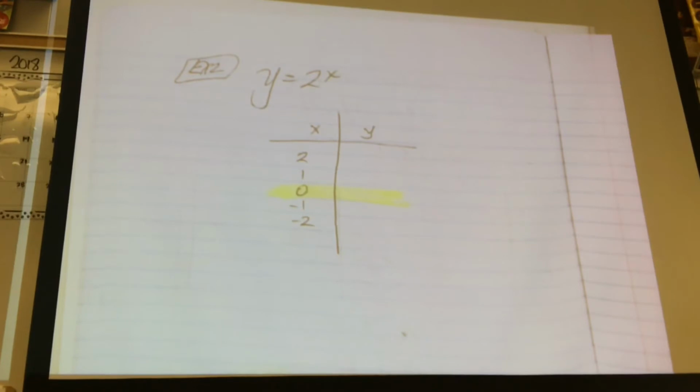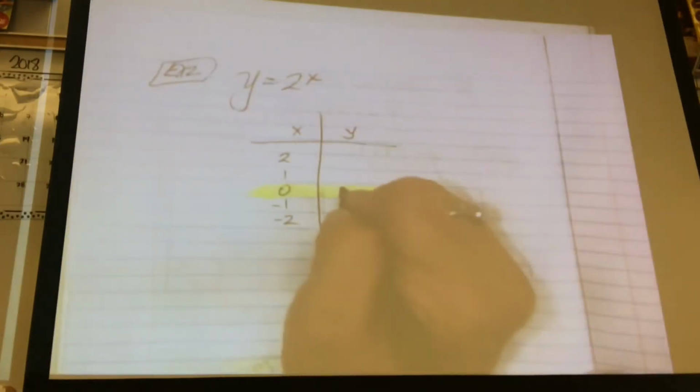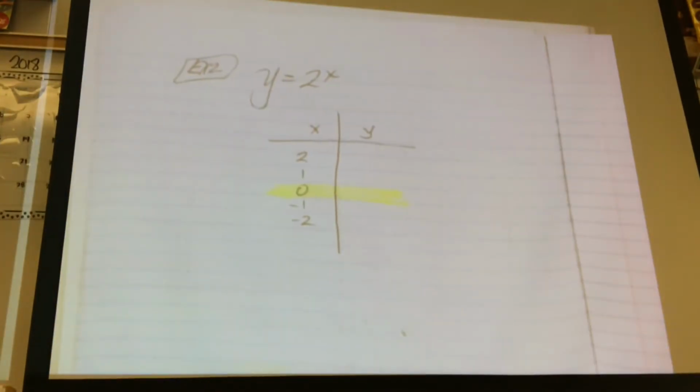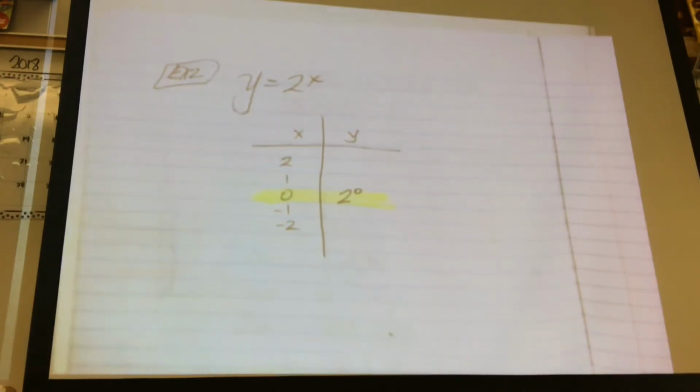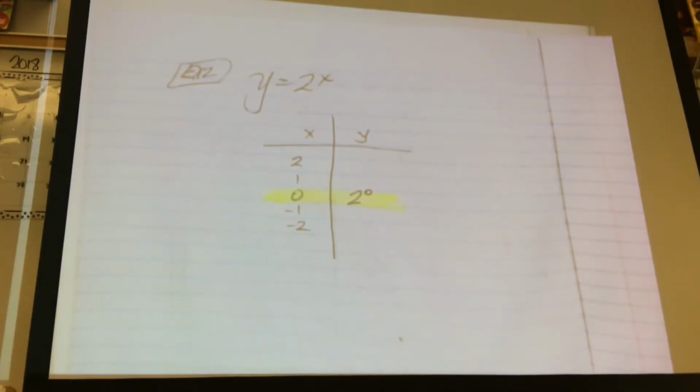Take out your calculators. I want to show you something. On your calculator, please put 2. Here comes Tiffany if you need help, because some of you guys don't know where this button is on the calculator. 2 to the 0. Find the exponent button.